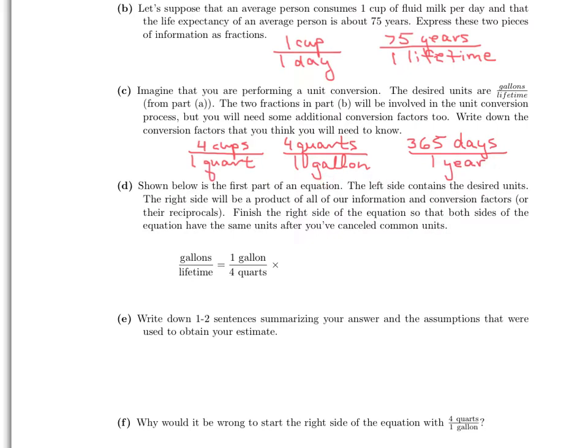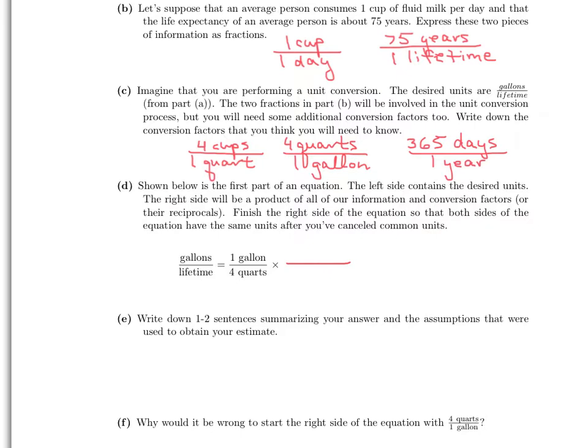Okay, if we look at what we've got, the left side is gallons per lifetime. Currently, the right-hand side is gallons per quart. So the units on the left side of the equation do not match the units on the right side. So that tells us we need to multiply by another fraction that will eliminate the quarts units in the denominator.